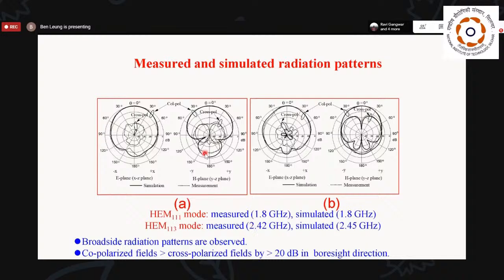Now these are the simulated and measured radiation patterns for the lower band and upper band. Again, the agreement is very reasonable. The co-polarized field is higher than the cross-polarized field by 20 dB in both side directions.